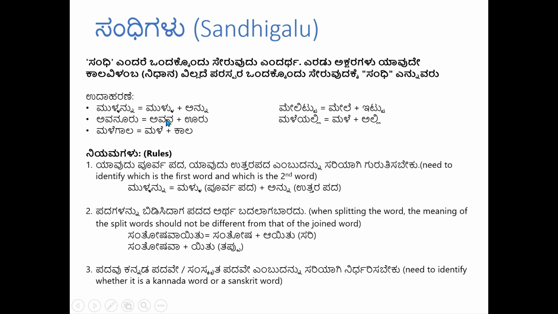It is not Avan or Avanu plus Uru. It is Avana Uru. It's his Uru, which becomes Avanuru. Right? So which means when this Na and U are joining, there is no delay when we are reading it as Avanuru. There's no pause in between and things like that. So identifying the meaningful two words that have formed the single word is important.